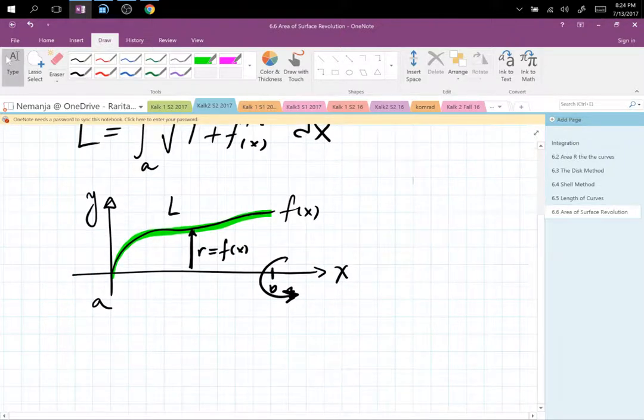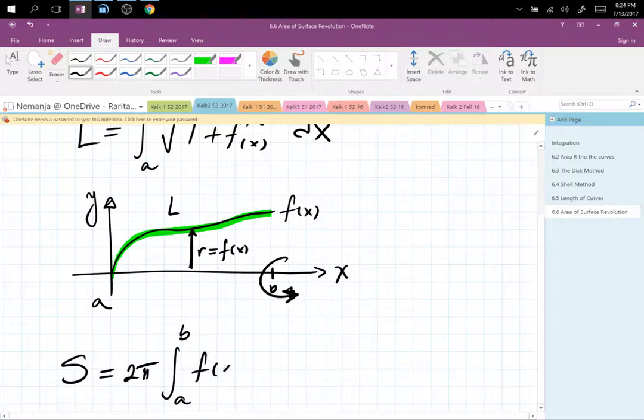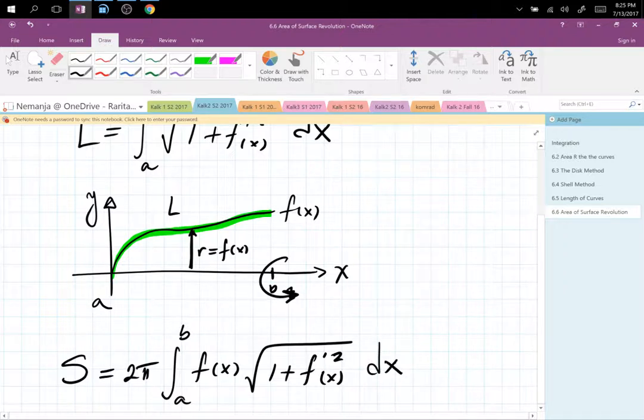So what is the surface area of revolution? It's going to be 2 pi integral a to b, and then we have f of x times the square root of 1 plus f prime squared of x dx. So you have the 2 pi. So let me outline this. So you have your 2 pi times the length.